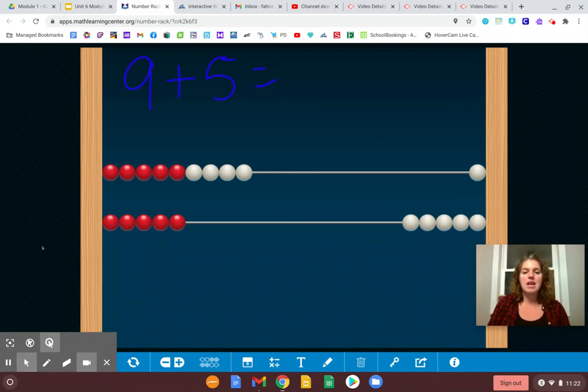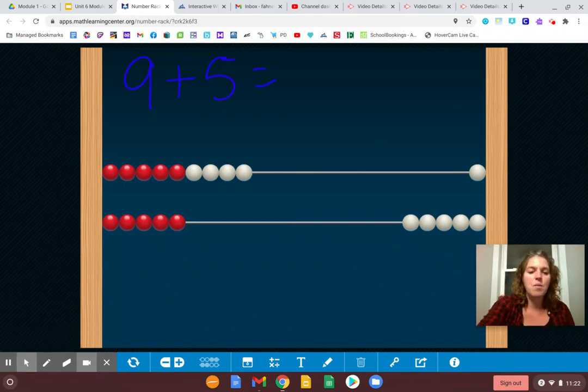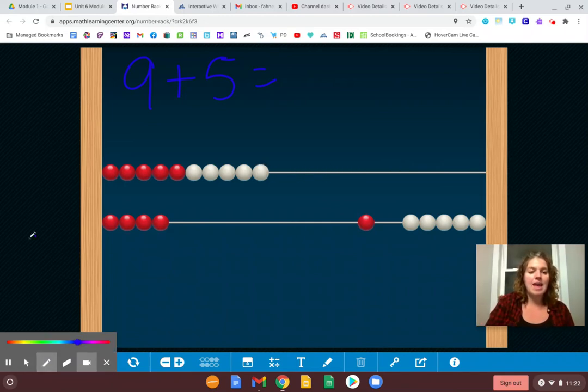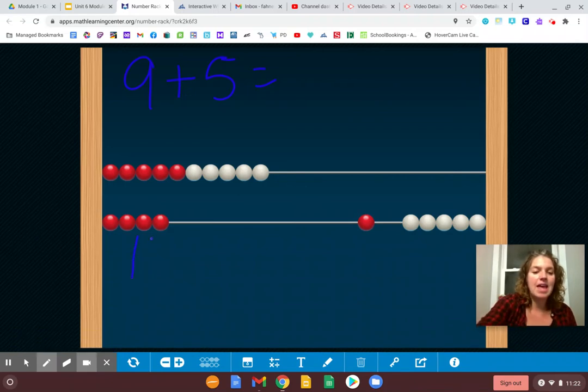So you might say, well, if I take 1 away from the bottom here, and I trade that with 1 from the top, now I have 10 plus 4 more. So I didn't just take 1 from the top. He didn't go back in the water and eat an extra fish.